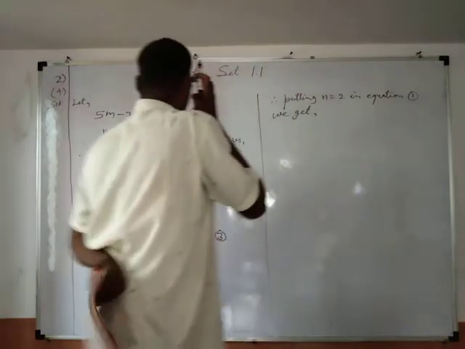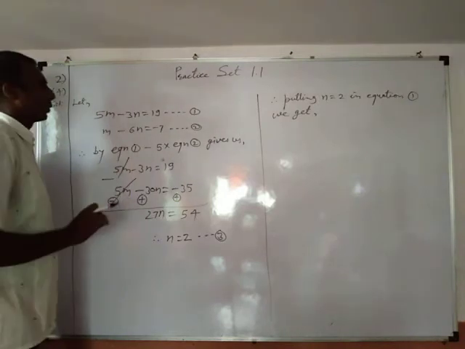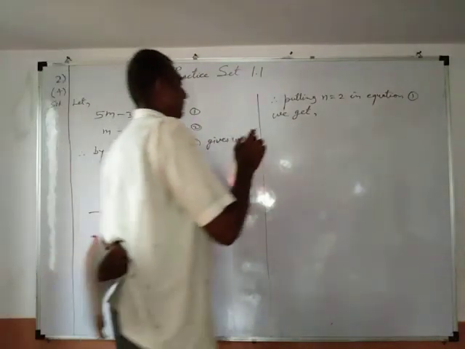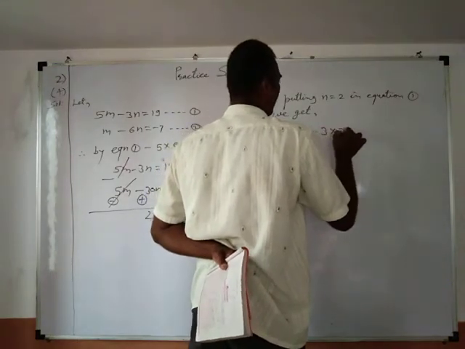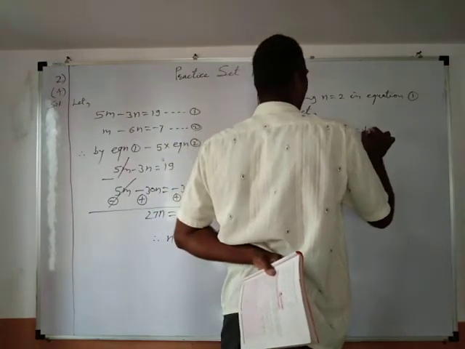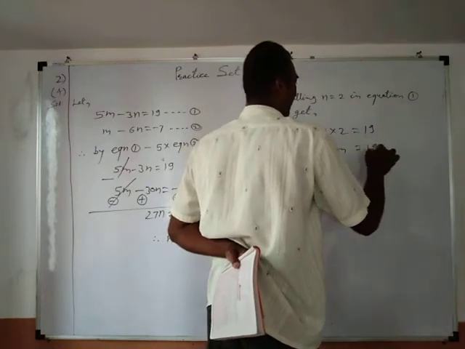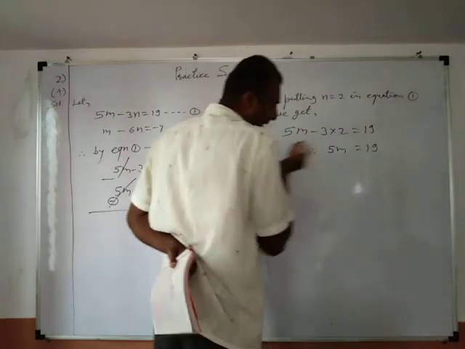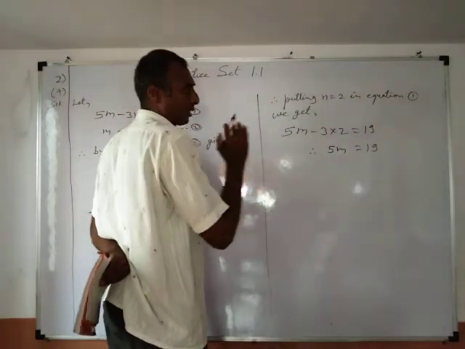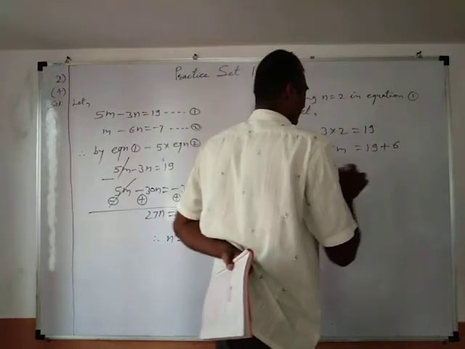Let us see. Okay, equation 1 is 5m minus 3n equal to 19. That's why it will become 5m minus 3 into 2 equals 19. Therefore, 5m equals 19. Minus 3 into 2 gives us minus 6 at the left side. And on transfer from left to right, it gives us plus 6.